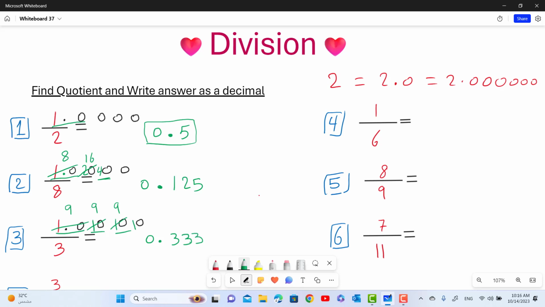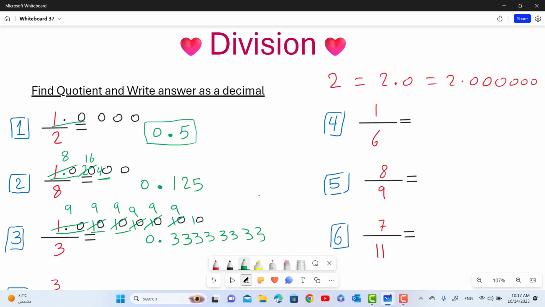Then the division is not finished, so I need to put more zeros. But I know what happens every time. Every time it will be like this: 10, 9, 1 left, 10, 9, 1 left, 10, 9, 1 left. And the answer will be what? 3, 3, 3, 3 every time. Yes, this is called a repeated decimal.